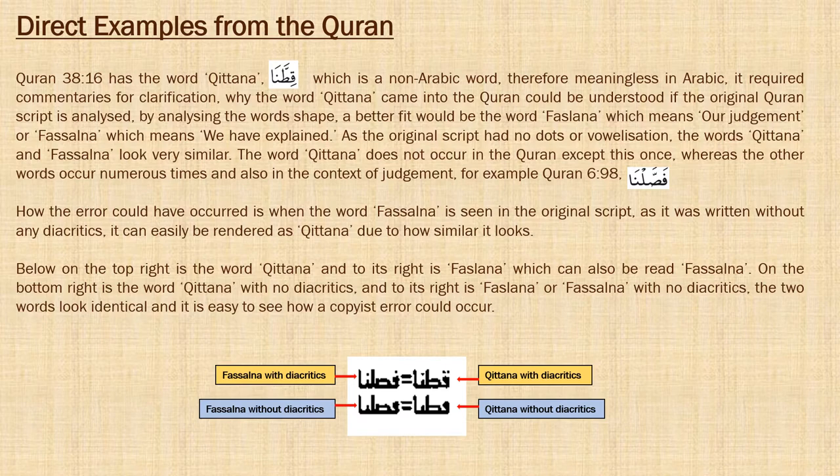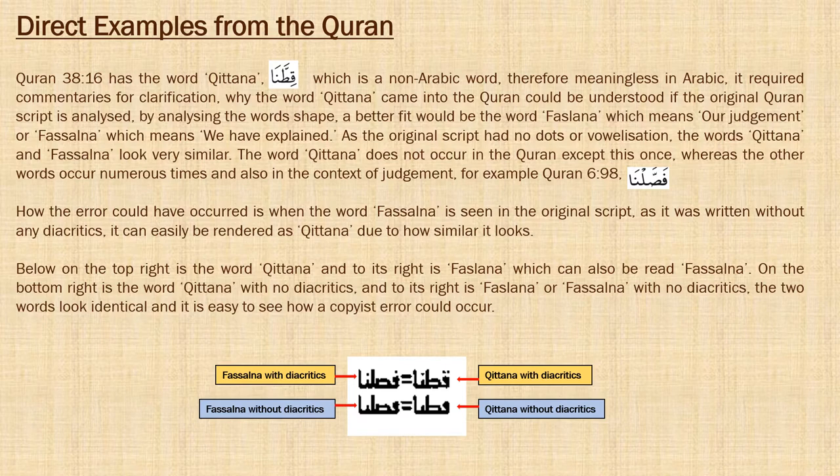The manuscript that was used was from the Topkapi Quran housed in Turkey. As an example, Quran 38:16 has the word qittana, which is a non-Arabic word, therefore meaningless in the Arabic language. It requires commentaries for clarification. Why the word qittana came into the Quran could be understood if the original Quranic script is analysed.